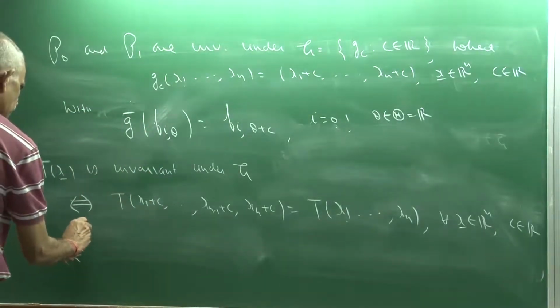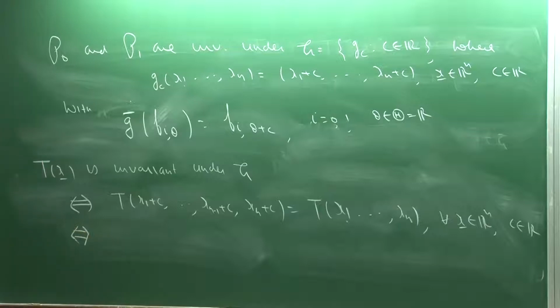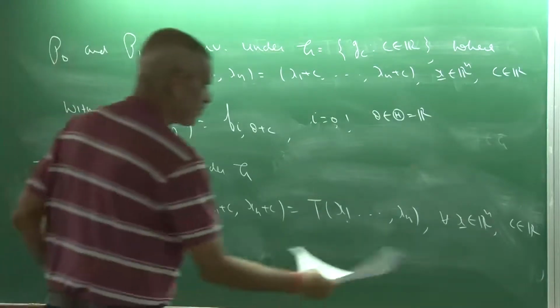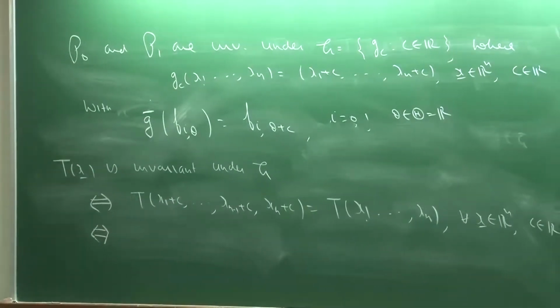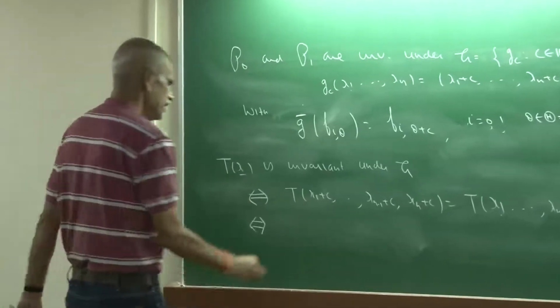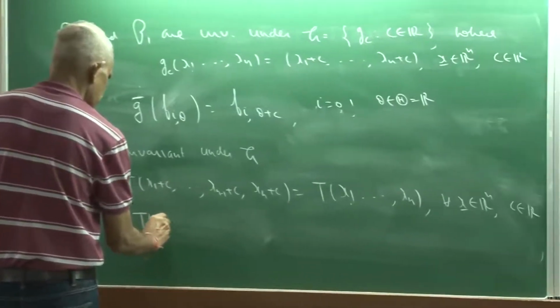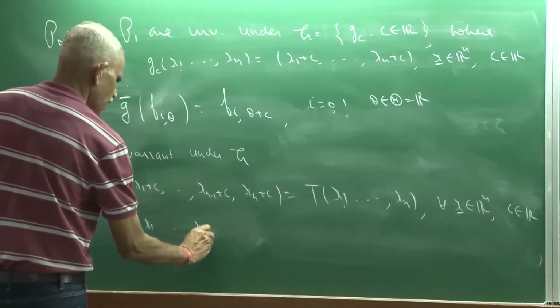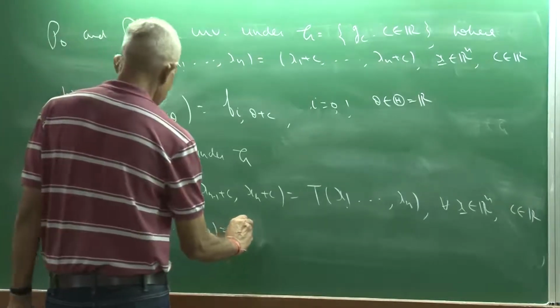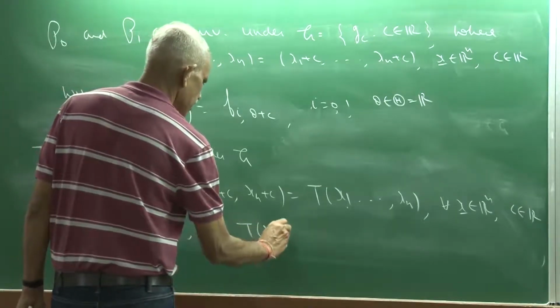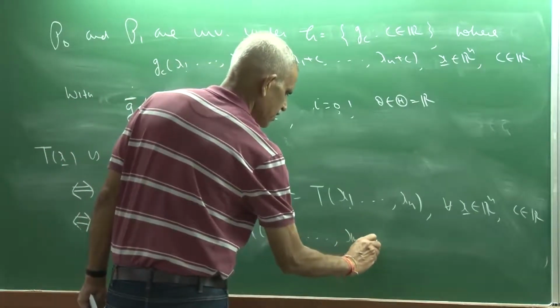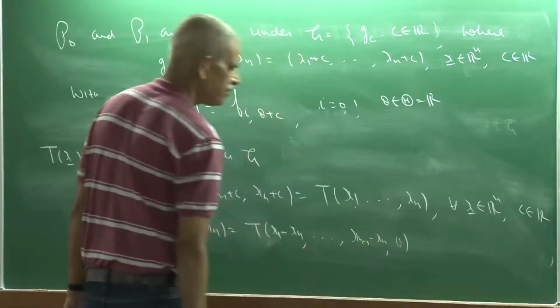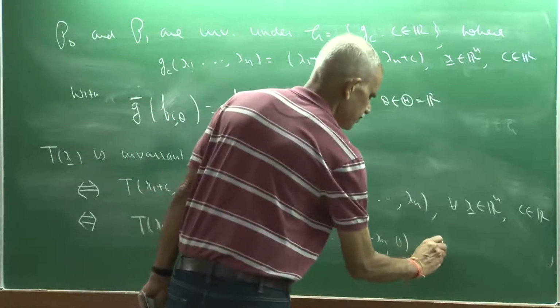which is equivalent to saying that I have 1 degree of freedom, which is in terms of manipulating c. So I can take c to be minus xn. So this implies that T of x1, x2, ..., xn is the same as T of x1 minus xn, ..., xn minus 1 minus xn, and 0 for every x.